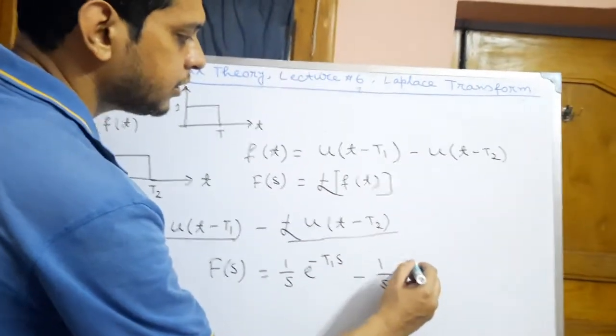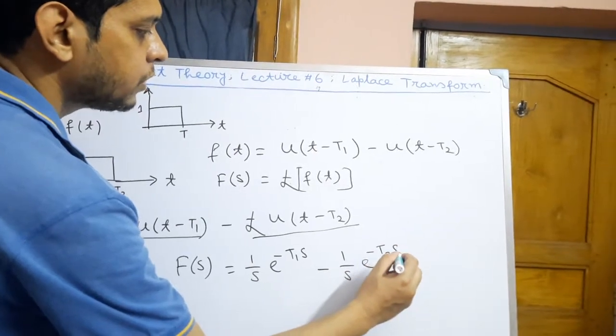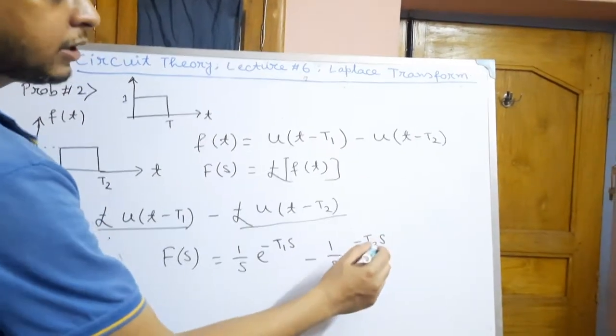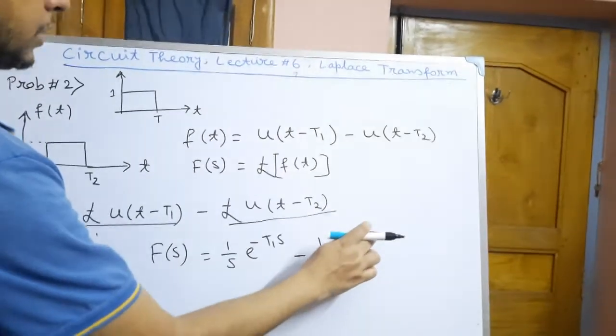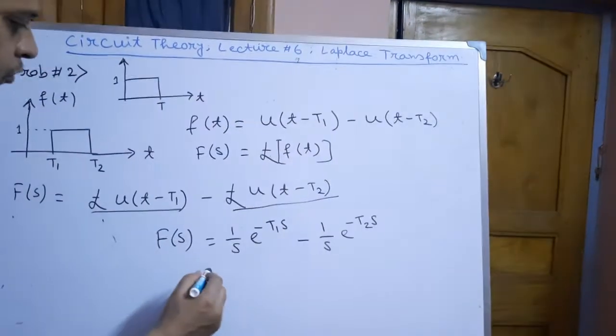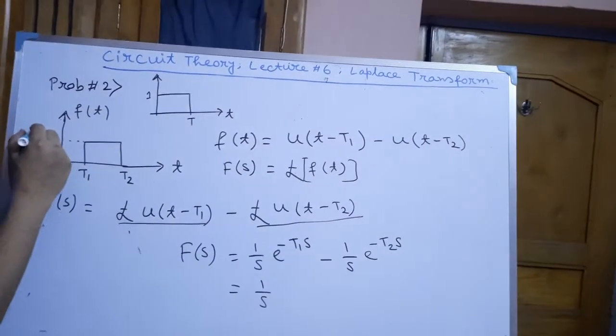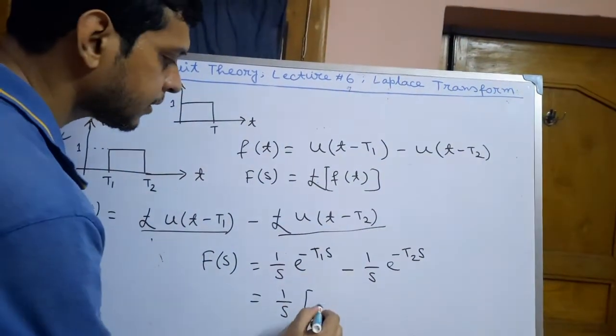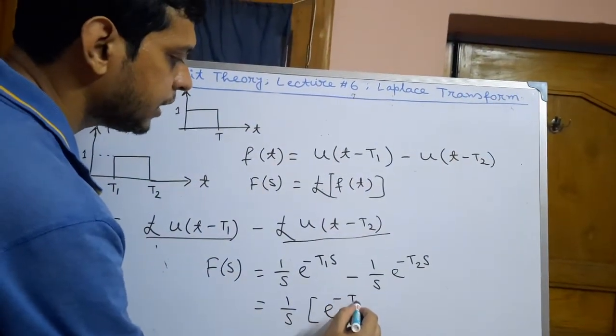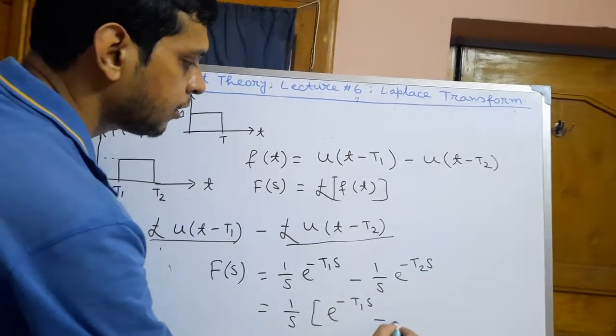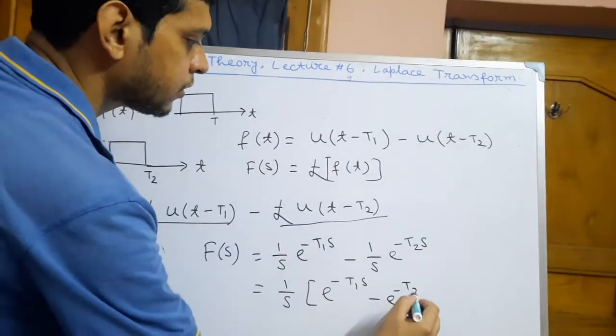So due to the delay we have to add another quantity, that is e to the power minus t2 s. So the Laplace transform of this function is equal to 1 by s times (e to the power minus t1 s minus e to the power minus t2 s).